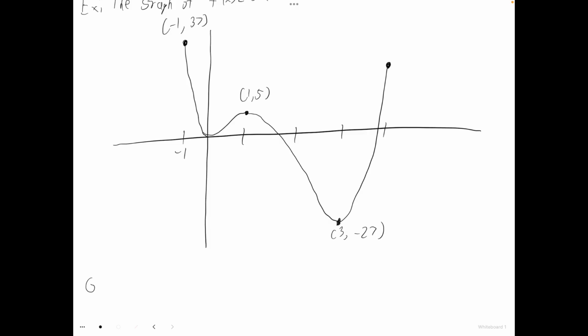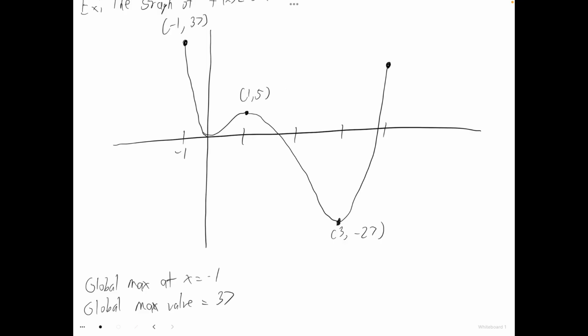And so there is a global max at x equals -1, and the global max value is 37. So remember, where it occurs is the x-coordinate. The value is the y-coordinate. And that's kind of the point of why I wanted to do actual points here.